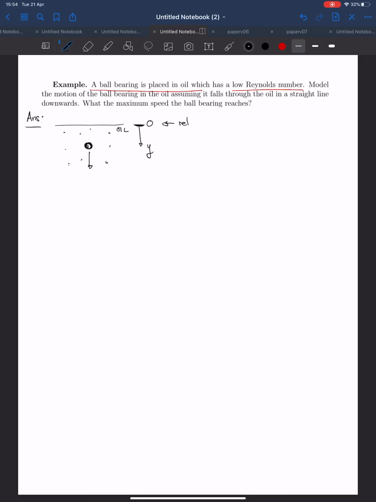This was its initial position for the ball bearing. y equals y of t, and y of t when t equals 0 equals 0. In other words, y of 0 equals 0. That's our initial condition. Also, v of 0, because it was released from rest, we're going to assume release from rest, so v of 0 is 0.